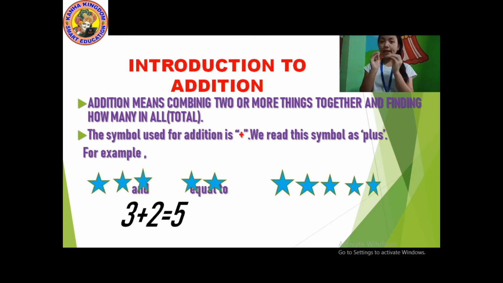You are adding 5 fingers together. You are finding how many fingers are there in your two hands. That means you have 10 fingers. That means it is a process of addition: combining things together and finding how many in all. That means you have to find the total.